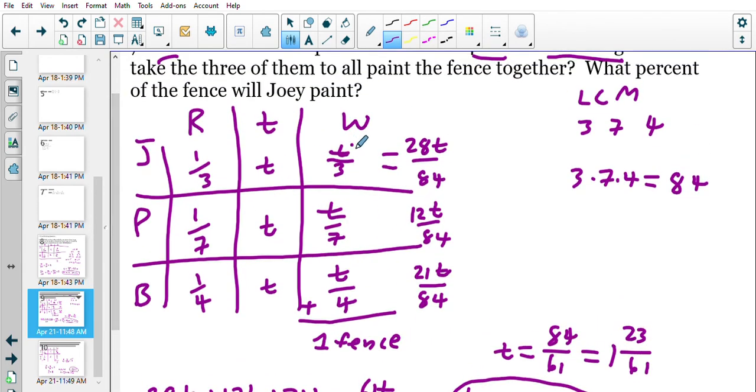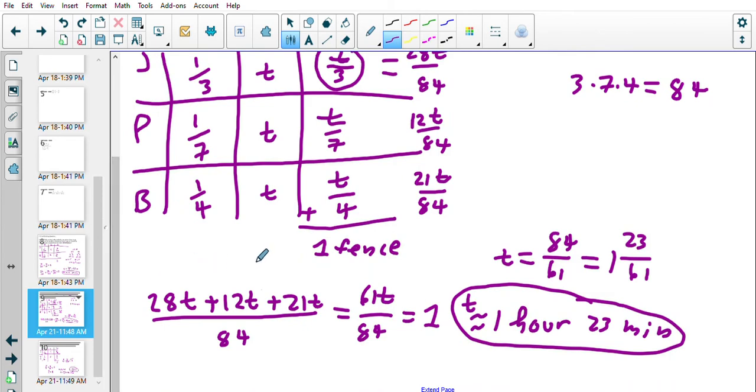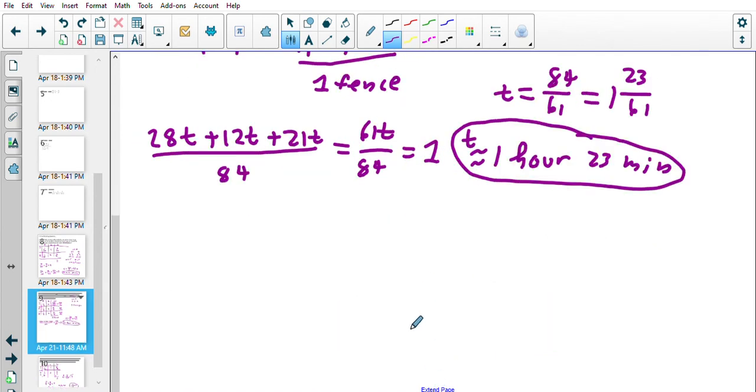So if we look back at Joey's work, T over 3, we know that that's a portion of 1. Now that we know T, 84 over 61, we can say that Joey's work is T over 3.